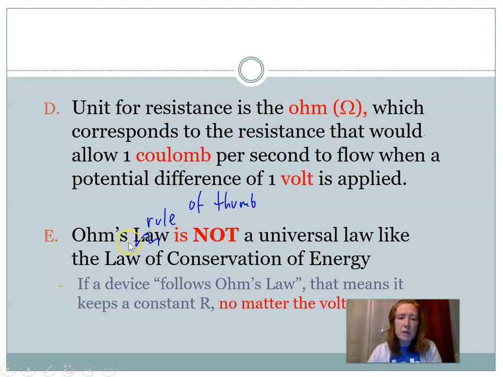I just wanted to mention that Ohm's law, like Newton's laws, we've never seen broken. But Ohm's law isn't really a law that can't be broken. This one really is a rule of thumb, because some objects don't follow a linear relationship between voltage and current all the time.